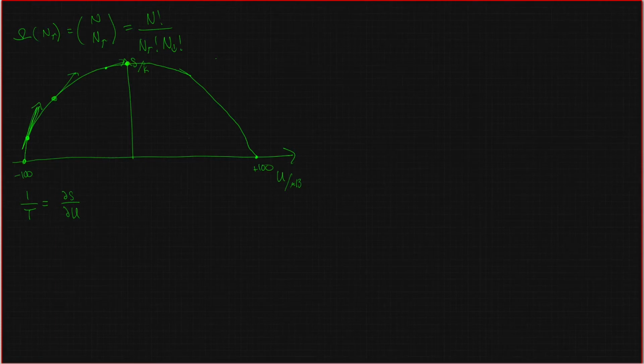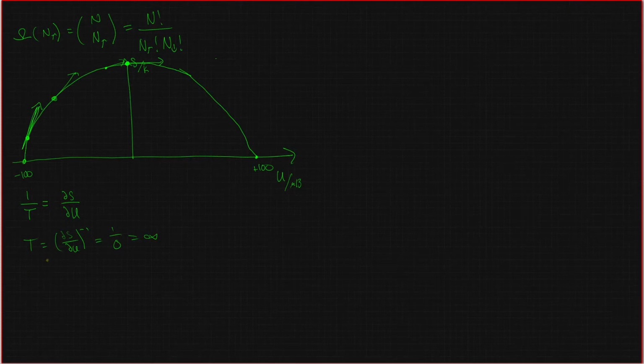So as we keep on going, eventually we come to this point, and now the slope is 0, right? Well, what does that tell us here? If the slope is 0, we could rewrite this as T equals the slope inverted. But if the slope is 0, 1 over 0 is divergent, that's infinity. So at this point right here, the temperature is technically infinite if we use this formula.